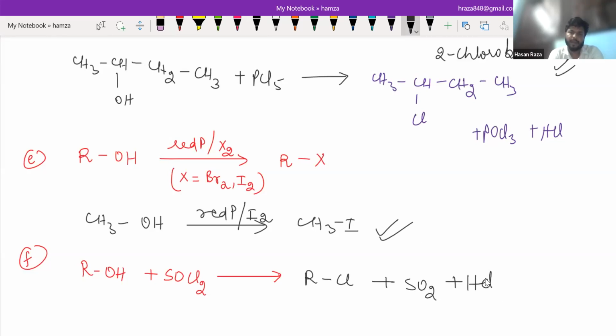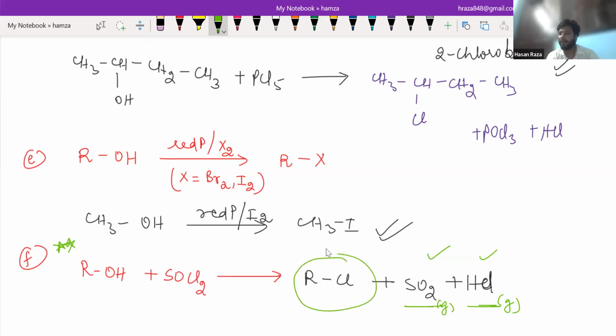And this method is very effective for the preparation of haloalkane, as the two byproducts are in gaseous state and we don't need to purify the haloalkane. They will evolve out from the container and we will have pure haloalkane. Please keep it in mind.